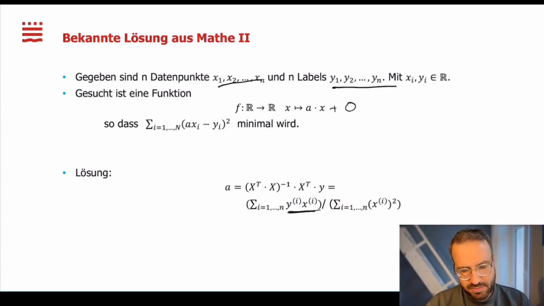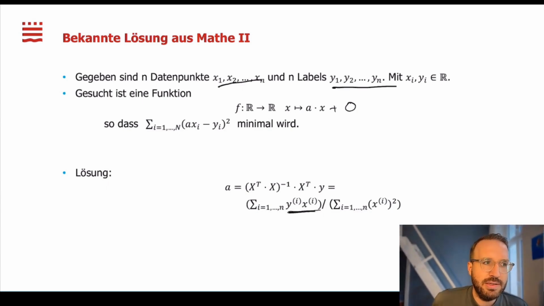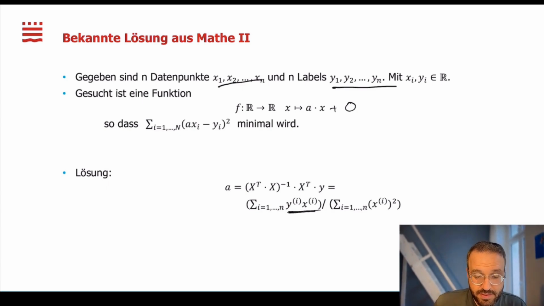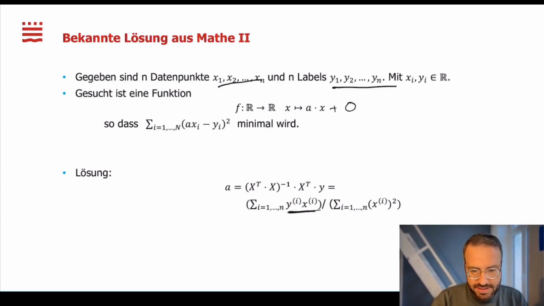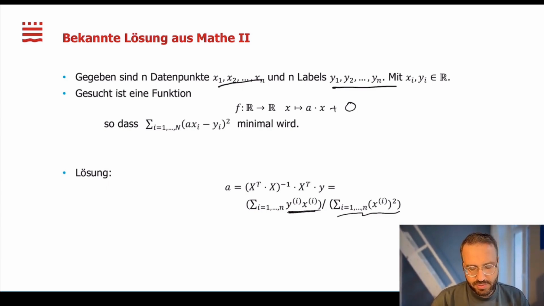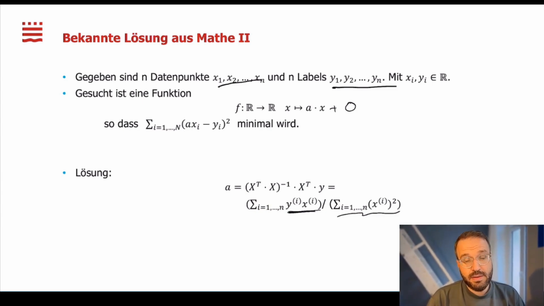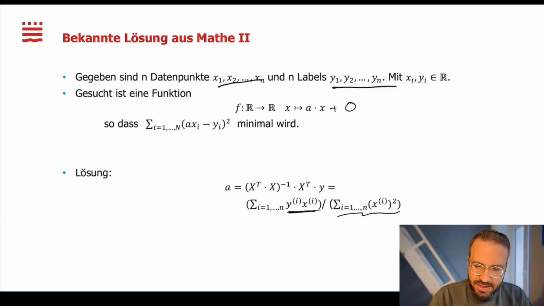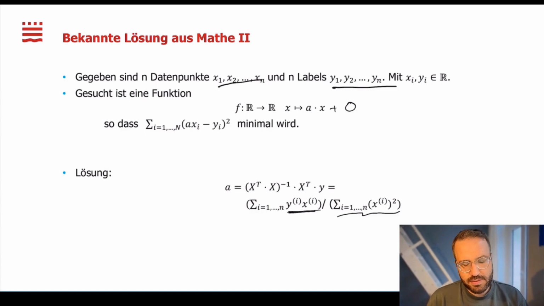So if y bar and x bar were 0, then that would be a covariance. Otherwise, it's something similar, a bit simpler than a covariance. And the same applies here for this term. It would also be a variance if, again, x bar were 0. Otherwise, we would have to write x bar here as well. Yes? So it looks somewhat similar to covariance, but it is a bit different.